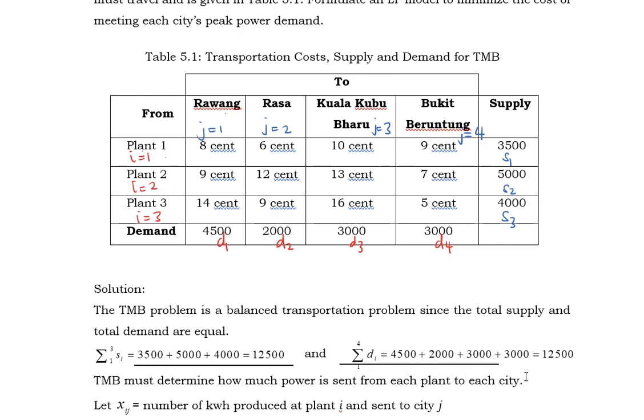There are 12 variables involved in this problem since it has 3 supply points and 4 demand points, m equals 3 and n equals 4.